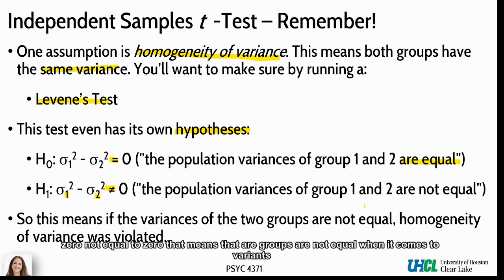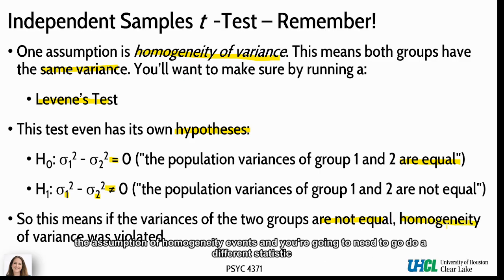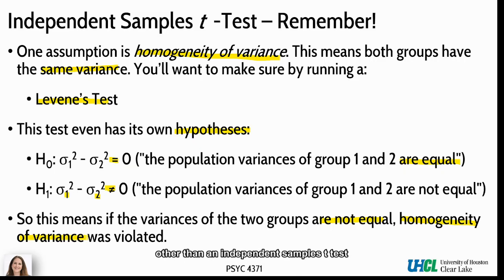That means our groups are not equal when it comes to variance. So if your variances are not equal, you have violated the assumption of homogeneity of variance, and you're going to need to do a different statistic other than an independent samples t-test.